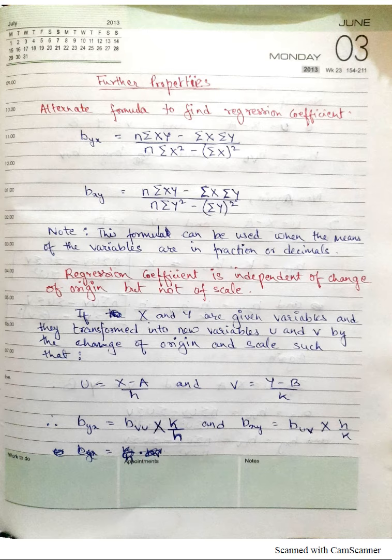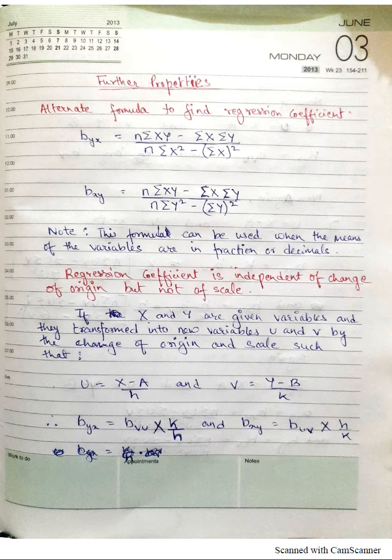Note that this formula can alternatively be used for any set of data, regardless of whether they are in fraction or decimal form, or are integers or whole numbers. This formula can be used on any set of data if you have to find the regression coefficients.